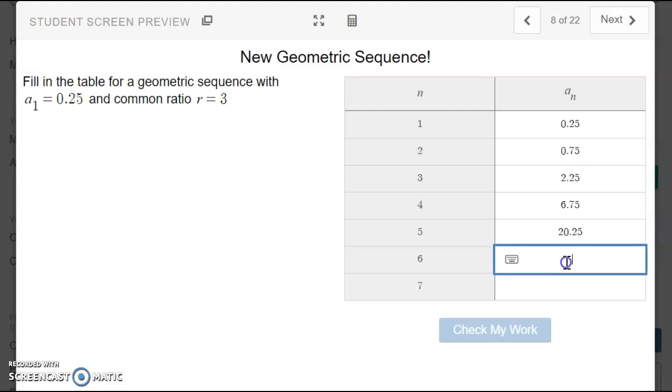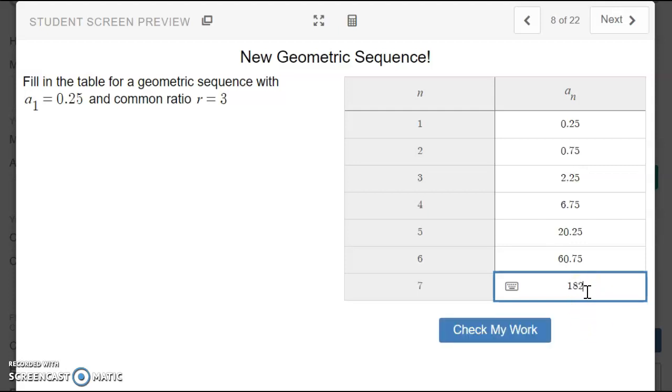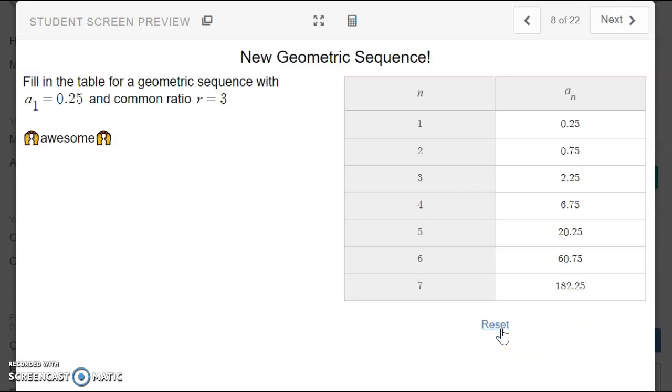And what do I get if I multiply that number by 3? I would get 60.75. And then multiply that by another 3. I would get 182.25. Okay, so I can check my answers, and it says awesome.